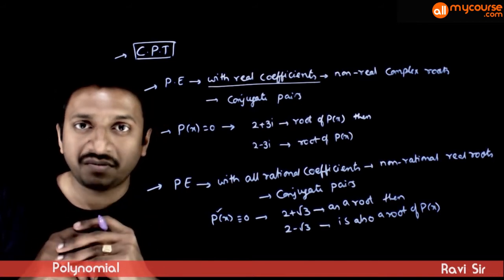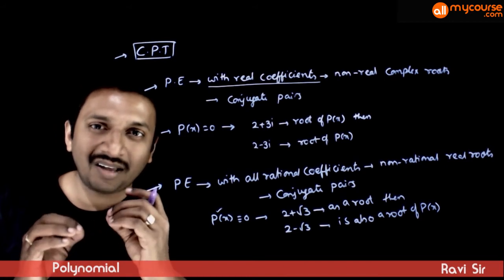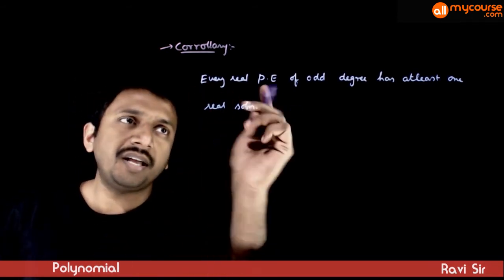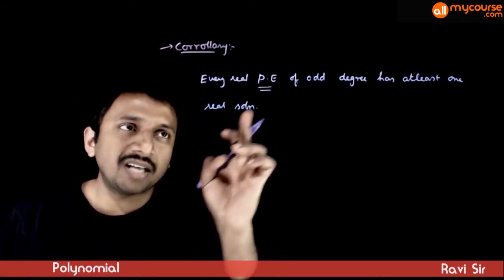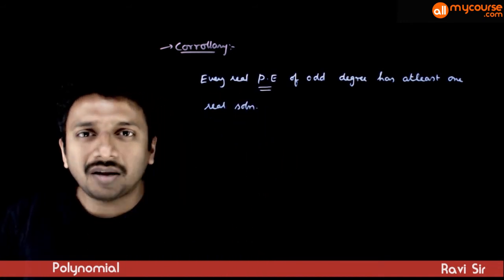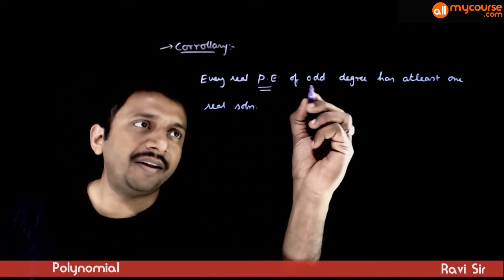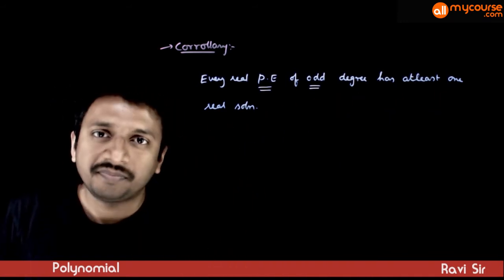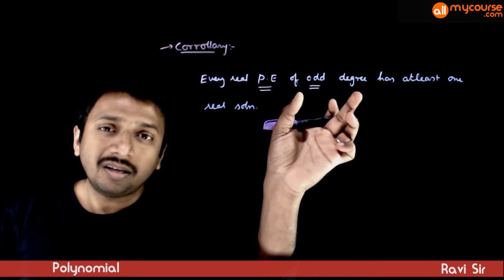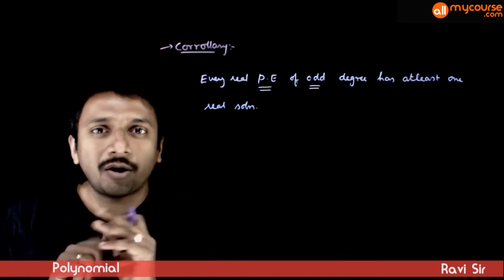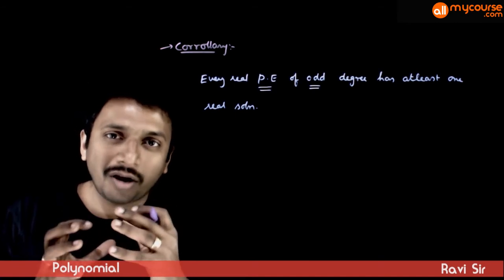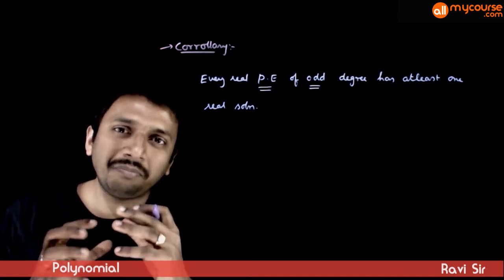Now using this, we can derive an interesting corollary. The corollary is that every real polynomial equation, that is a polynomial equation with real coefficients, of odd degree has at least one real solution. All the roots of an odd degree equation cannot be non-real complex, because non-real complex roots always occur in pairs.